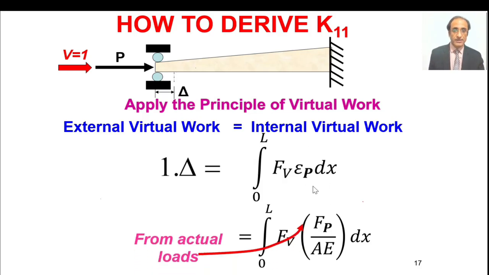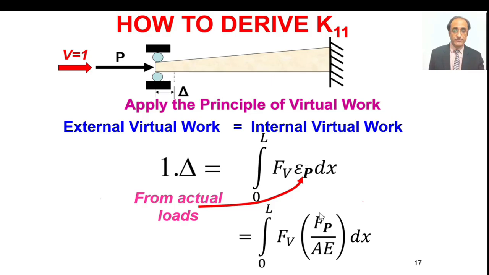The strain can be expressed in terms of the stress and Young's modulus. Fp is the internal force because of the actual loads, and A is the cross-sectional area. A is variable, so when we integrate, we get the displacement.